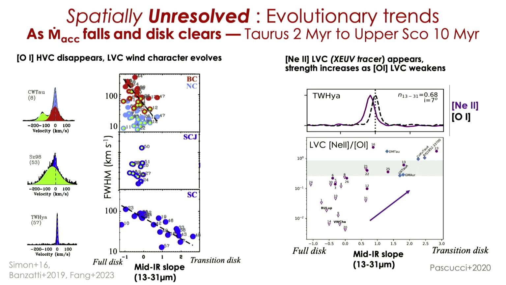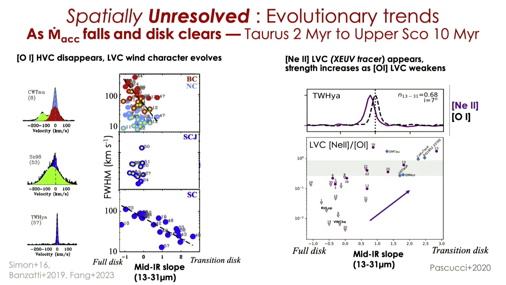There is also a sign of evolution when we look at the [Ne II] line. The [Ne II] line is a trace of hard photons because you need hard photons to ionize neon. And the low velocity component in this line only appears at low accretion rates, below 10 to the minus 8 solar masses per year. And it increases in strength compared to [O I] when the index increases.